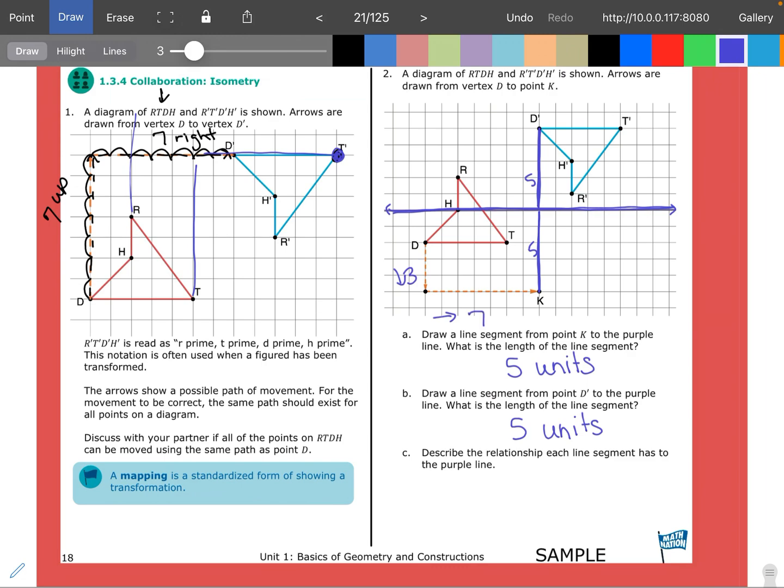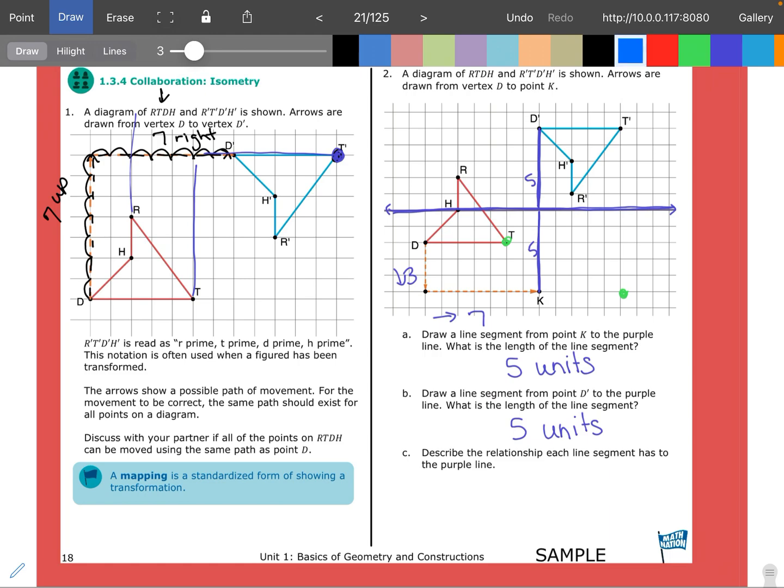So I'm going to do that with every single point, and let's see what happens. I'm going to color code it. So we've already got K down there. Let's move T over. If I go down 3 units, 1, 2, 3, over 7, 1, 2, 3, 4, 5, 6, 7.